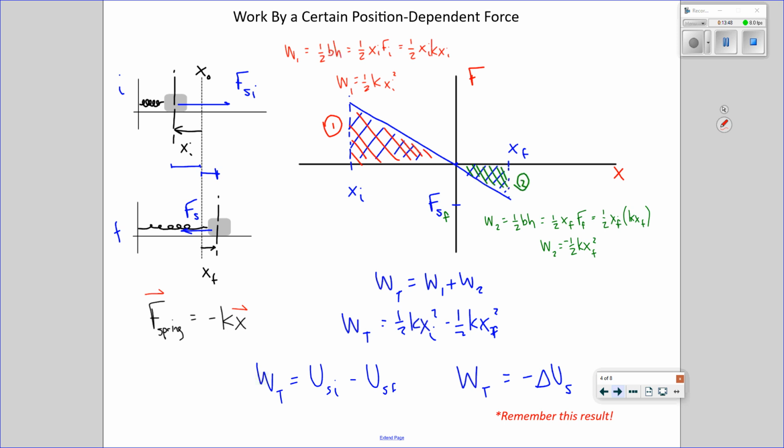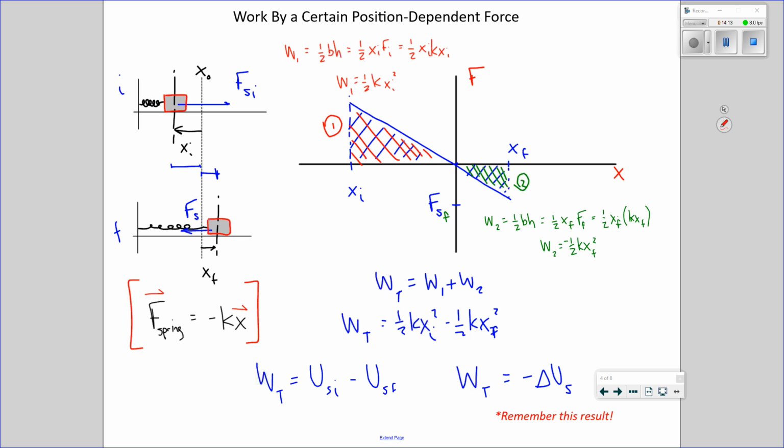So here's what we're talking about with our good memories. We talked the other day about how much work a spring force does as it moves an object from here to here. Here's a graph of the spring force function, and we can find the work by integrating that curve, which doesn't happen to be curvy, but that's okay.